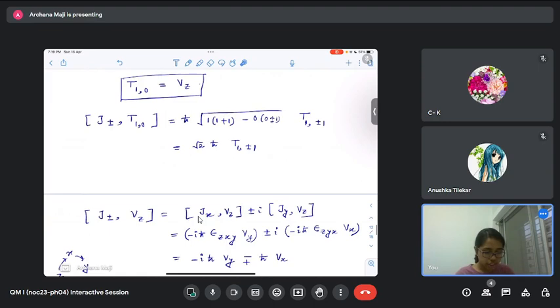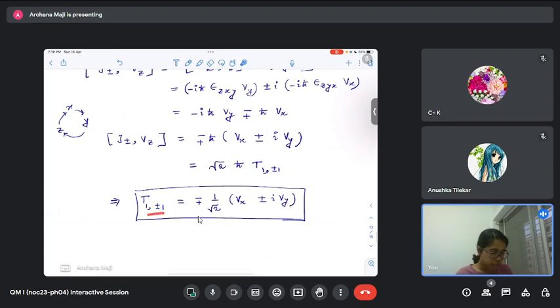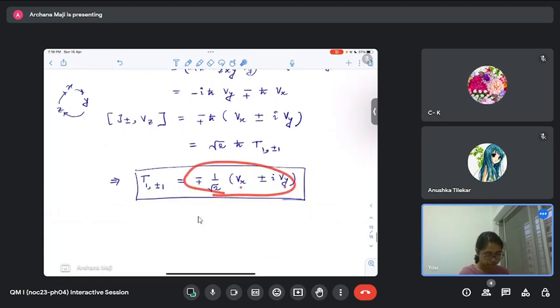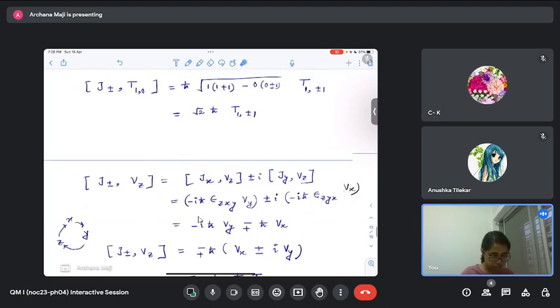So T10 is nothing but the z component of a vector, T1 plus minus 1 is nothing but this particular combination of x component and y component of the vector. Now starting with this we can get all higher tensors. How? Using the ladder operators. So I'll explain to you.